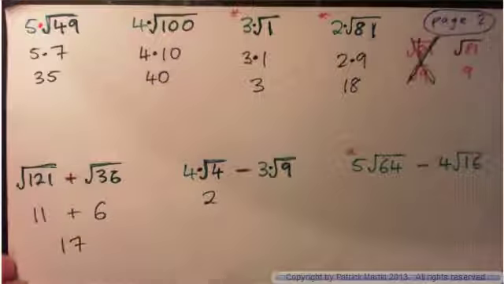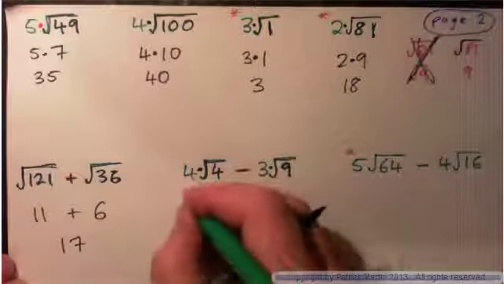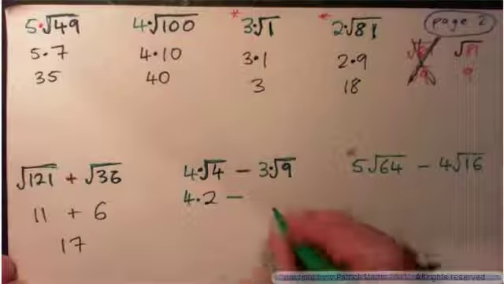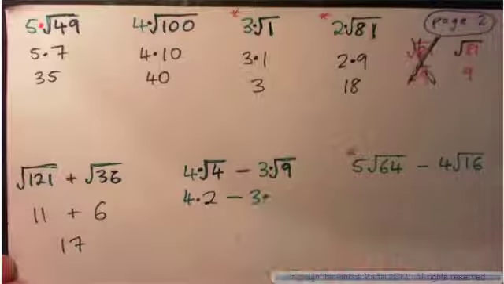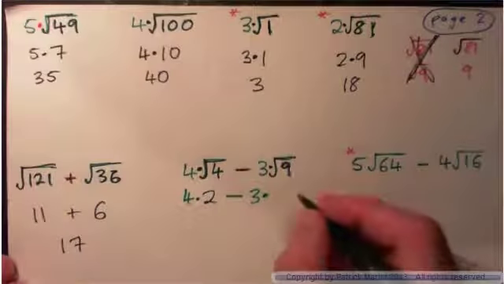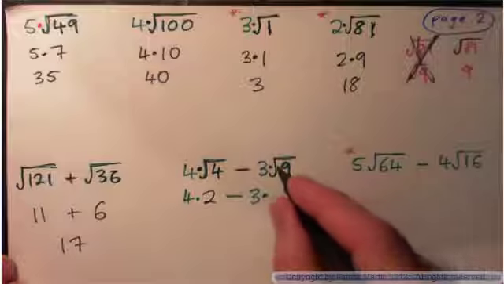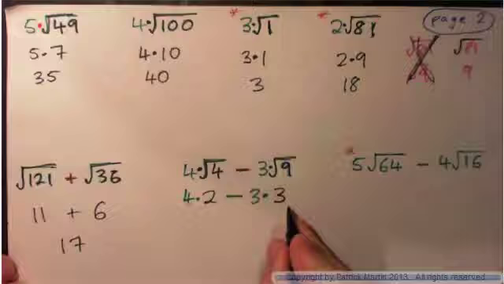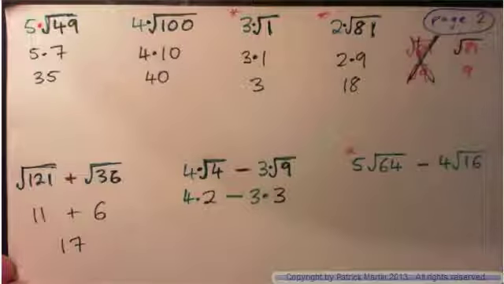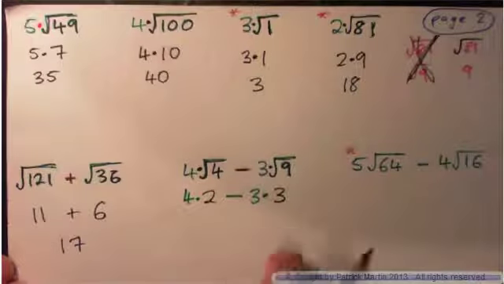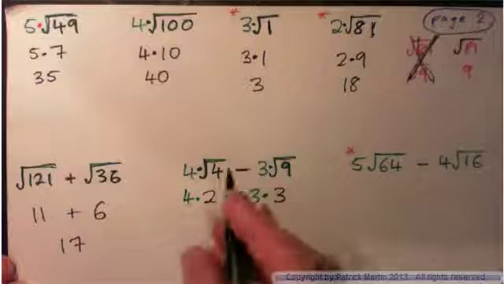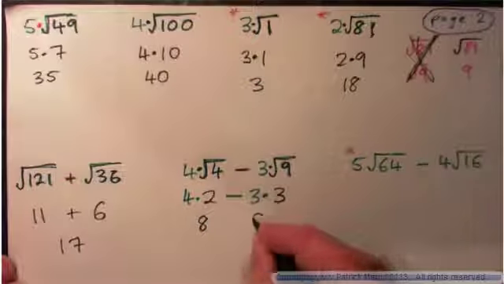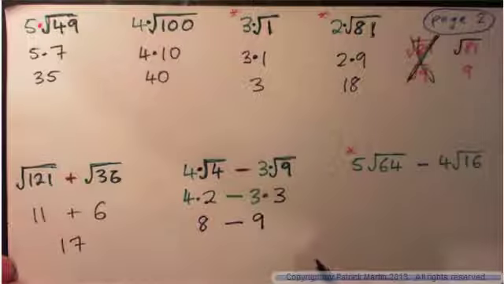So I have 4 times 2. And then minus 3 times, and what's the square root of 9? The square root of 9 is 3. So now I multiply and then I subtract, because of the order of operations, PEMDAS. So 4 times 2 is 8, 3 times 3 is 9, and then we subtract.